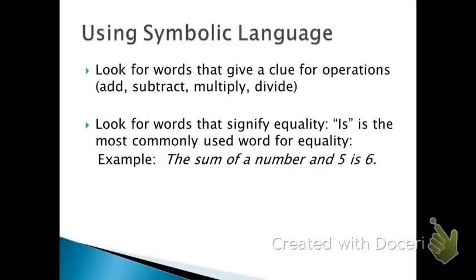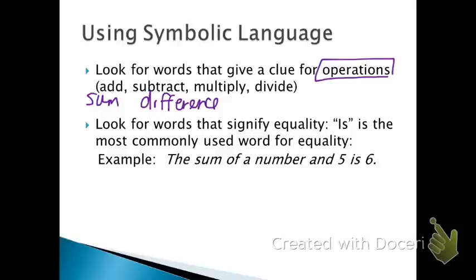Okay, so when we're using symbolic language, we're going to be looking for clue words. Some of the clue words are for operations, like adding, subtracting, multiplying, and dividing. A clue word for add could be sum. A clue word for subtract could be difference. Think about others: taken away from, added to.